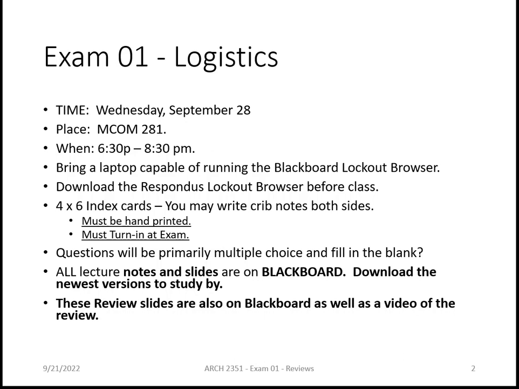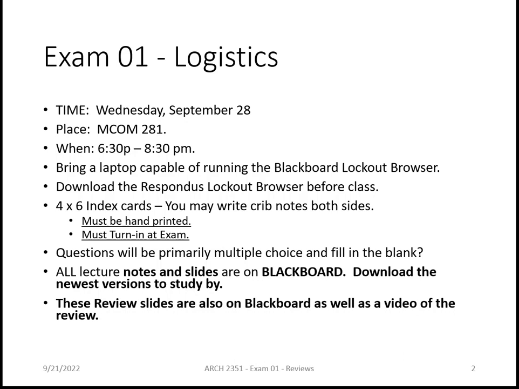Let's see, any more we need to talk about Blackboard. Of course, if you go to Blackboard and go into that same location, into the exams, you'll see I updated the slides. They are a little different, like I said, probably 90% the same, but it says 2022, September 21st.